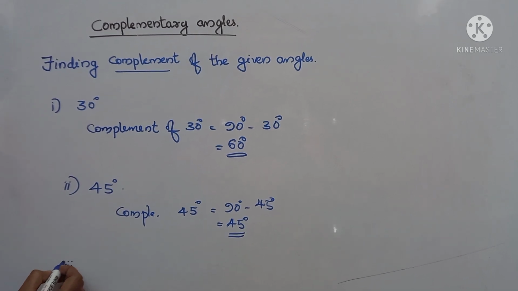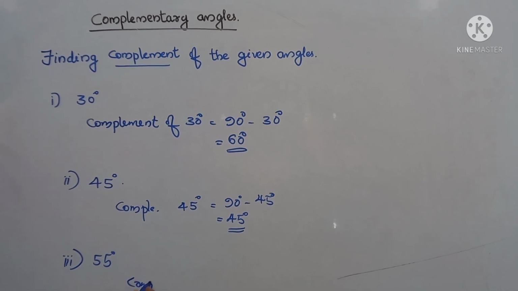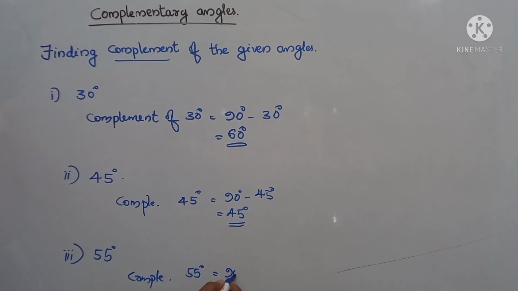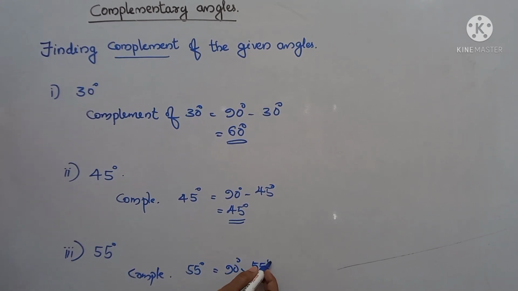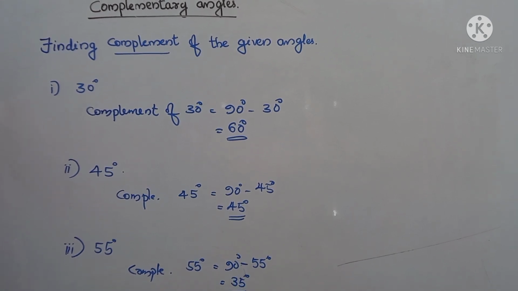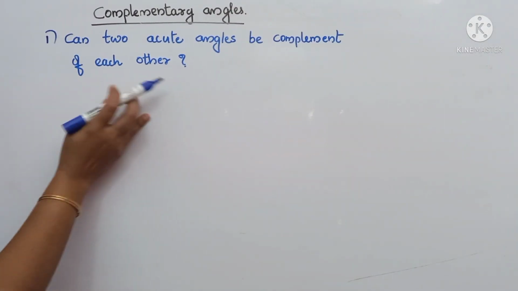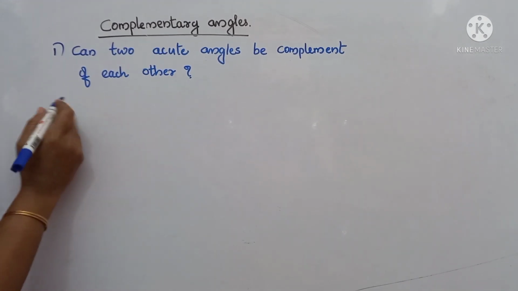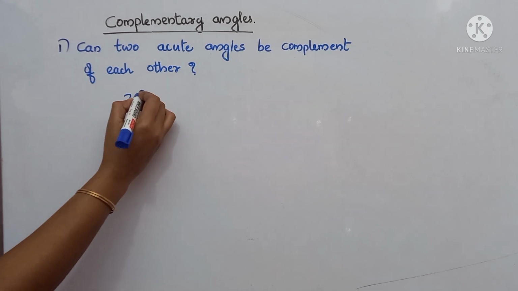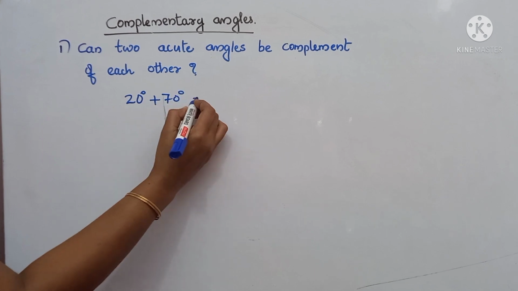Then the third one we can do. The complement of 55 degrees is equal to 90 degrees minus 55 degrees, that is equal to 35 degrees. 35 degrees is the complement of 55 degrees. Can two acute angles be complement to each other? We can see by using examples. Two acute angles: one is 20 degrees we can take. 20 degrees plus 70 degrees is equal to 90 degrees.